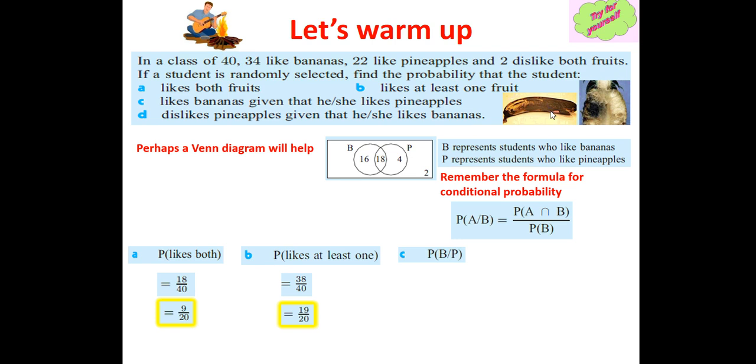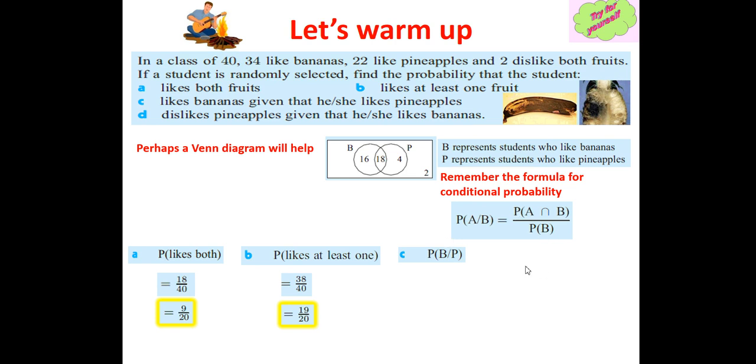So you need to work out the intersect, and you need to divide it by the probability of pineapples. So the probability of the intersect will be 18 over 40, and the probability of the pineapples would be 22 over 40. So you've got to do 18 over 40, so the intersect, divided by the probability of the second thing, 22 over 40.